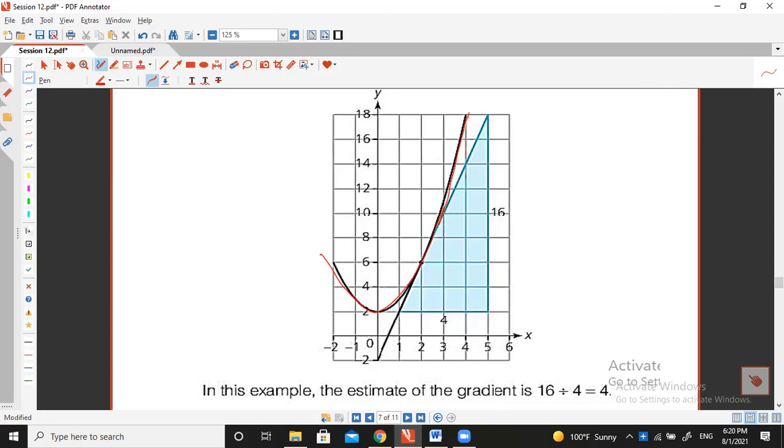Here is (2, 6), and this is the tangent. The tangent is a line that touches the curve at one point, which is (2, 6) here. It's very easy to draw, okay? Now find the slope.